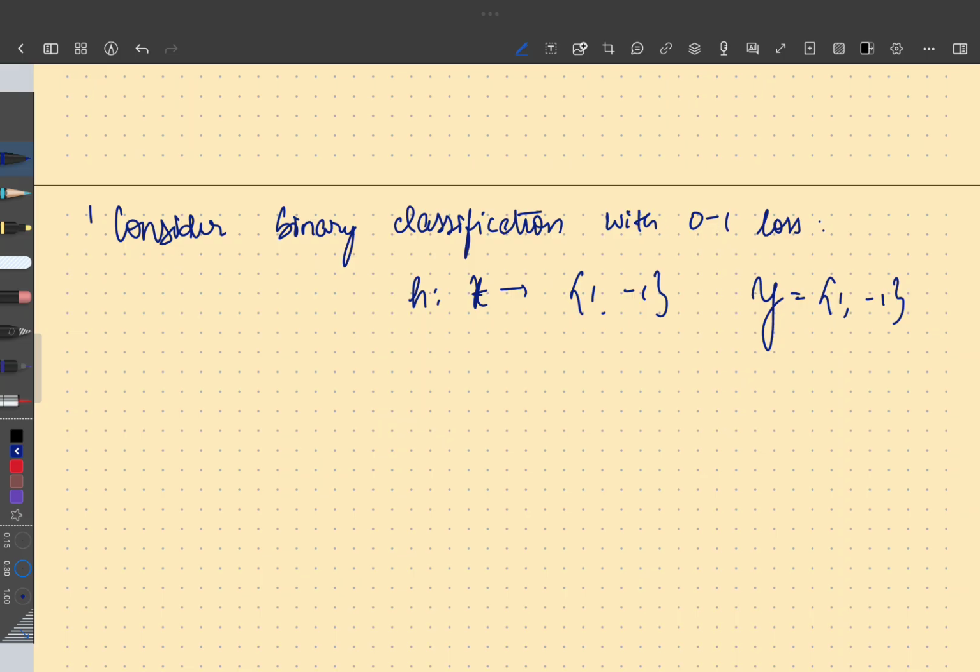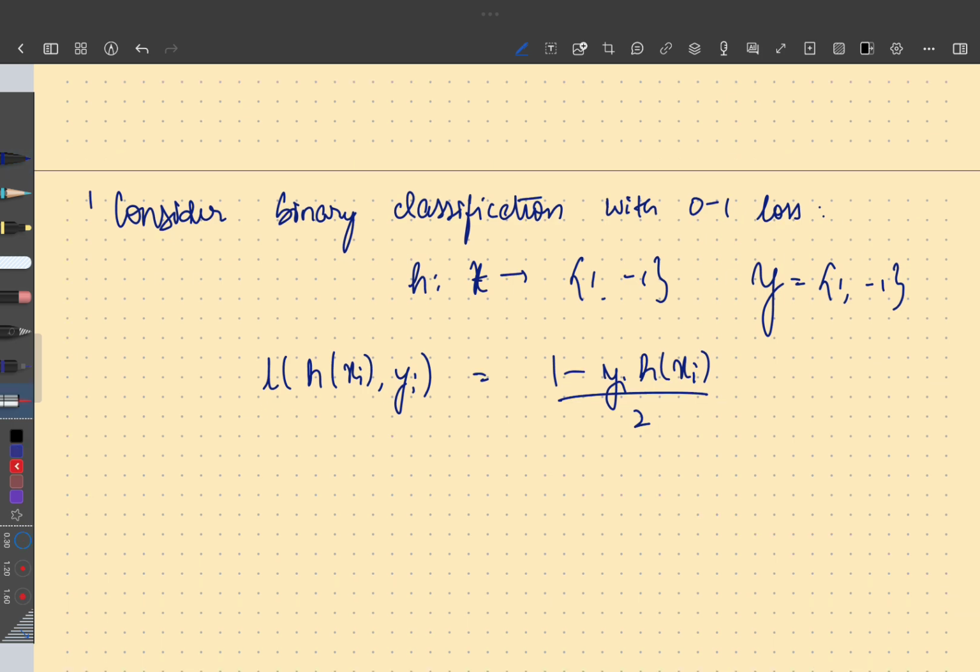The reason I want to do this is that if you look at L of h of x_i, y_i, I can write this for the 0-1 loss as 1 minus y_i times h of x_i, divided by 2.